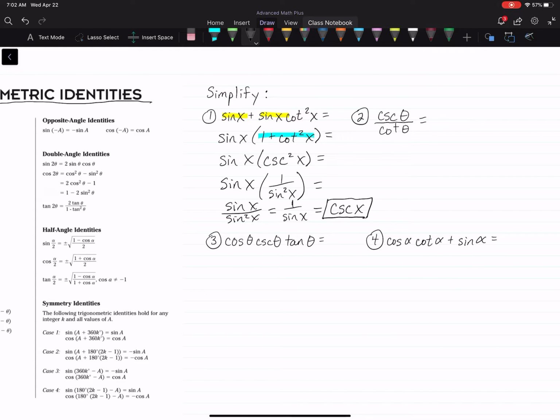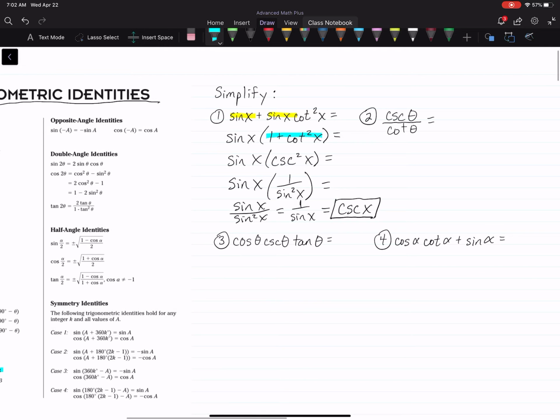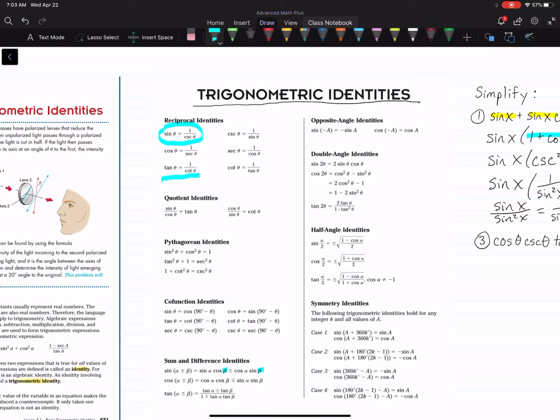The cosecant one is easy. I'm going to use this one: sine equals 1 over cosecant, which means cosecant equals 1 over sine of theta, divided by cotangent. Now cotangent would be 1 over tangent of theta. It says tangent of theta equals 1 over cotangent of theta, so cotangent of theta would be 1 over tangent of theta, but that's still not sine and cosine.